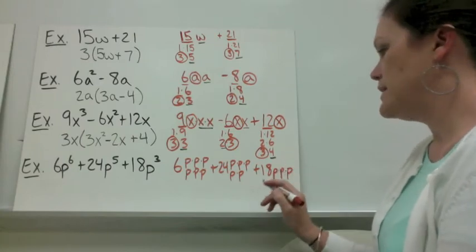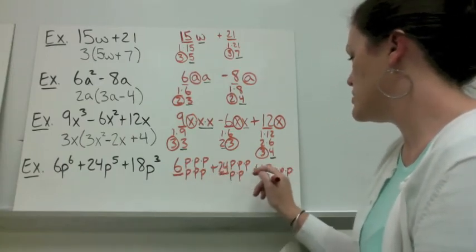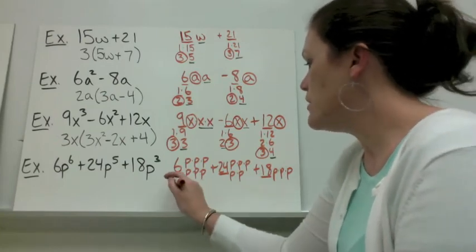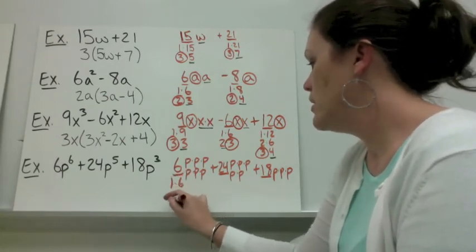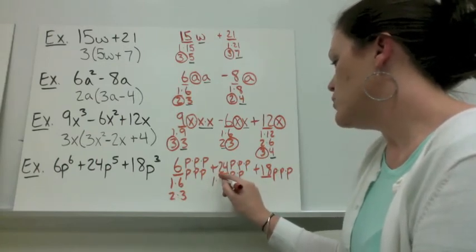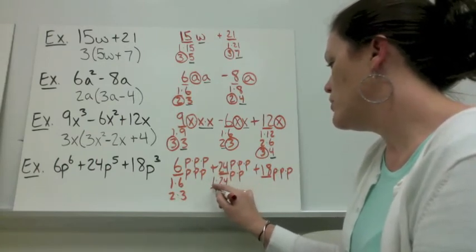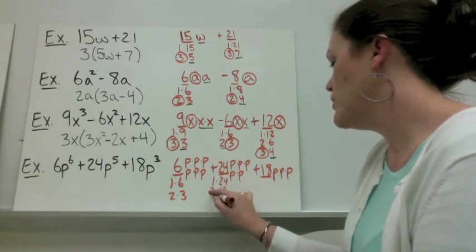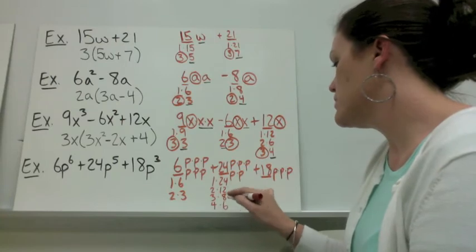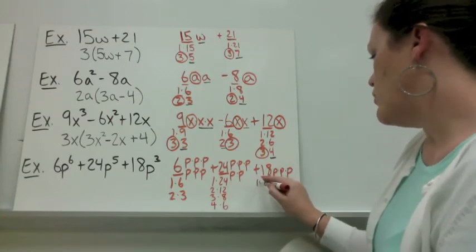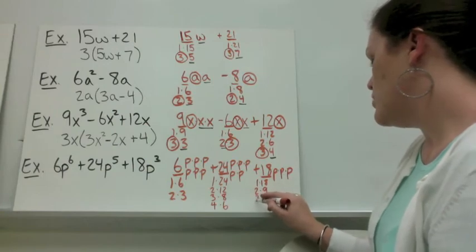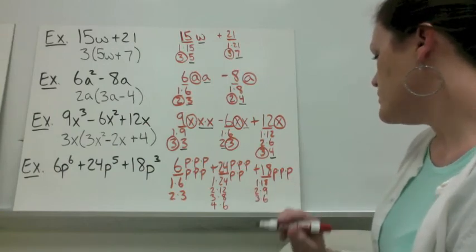But that way we can see everything we have and what's left over. So 6 comes from 1 times 6 and 2 times 3. 24, we've got to list 1 times 24, 2 times 12, 3 times 8, and 4 times 6. And 18, we've got 1 times 18, 2 times 9, 3 times 6.